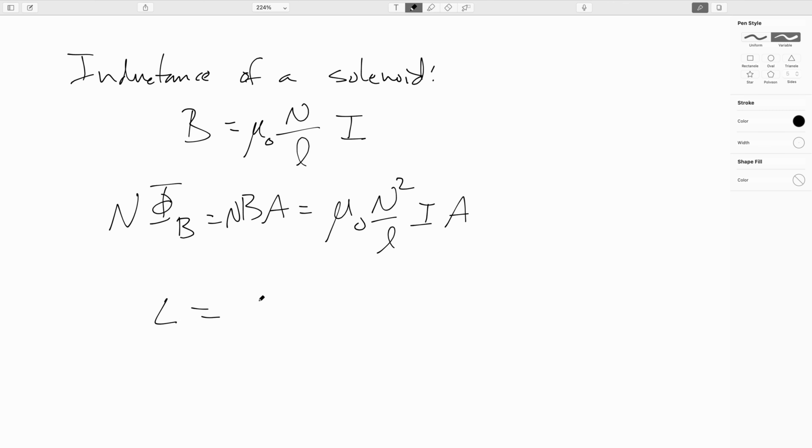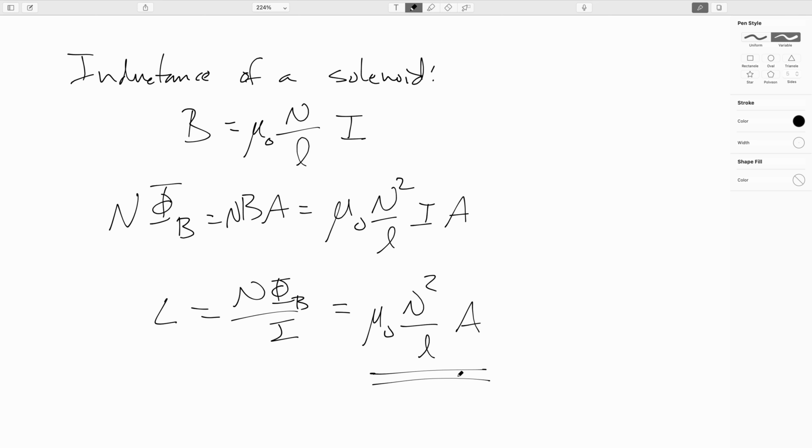And then we remember that the inductance is the flux linkage over the current. So if I divide the current back out here, I'm left with mu naught N squared over L times A. So it just goes as the square of the number of turns, inversely as the length, and directly as the area of the loop.